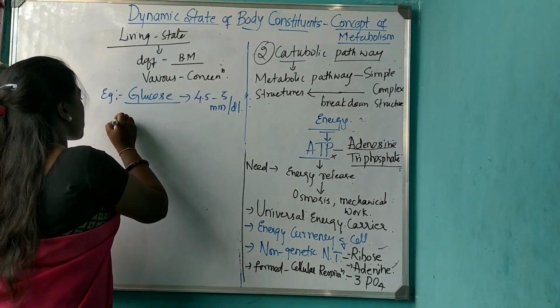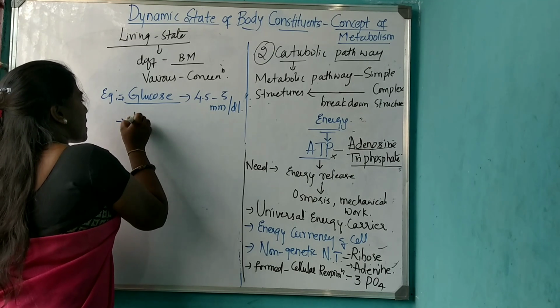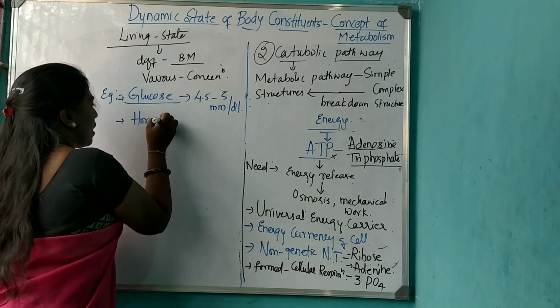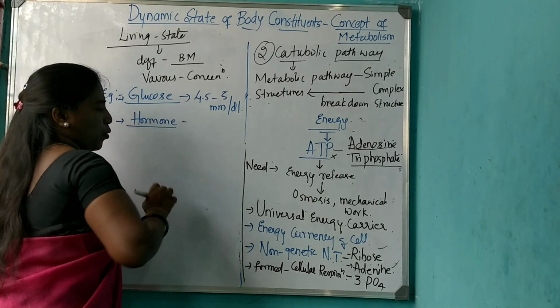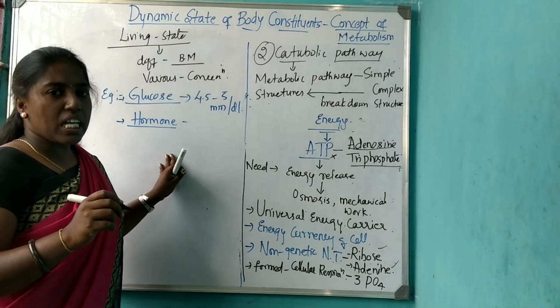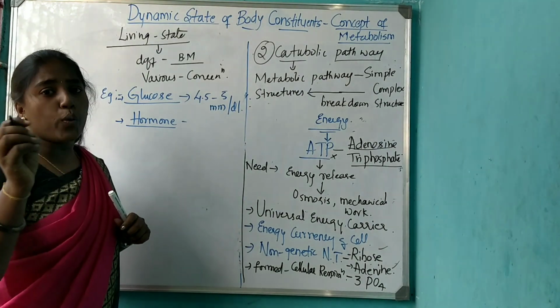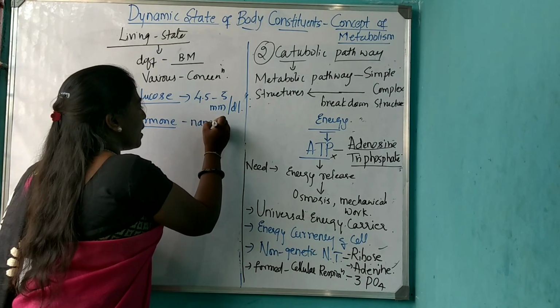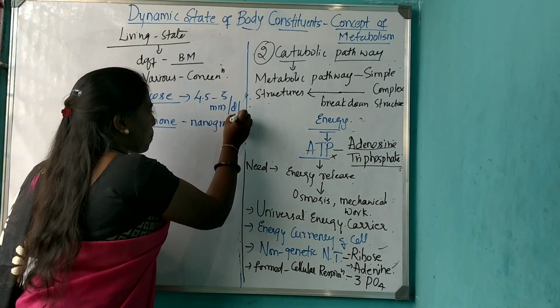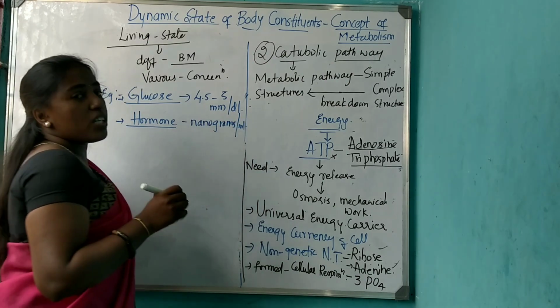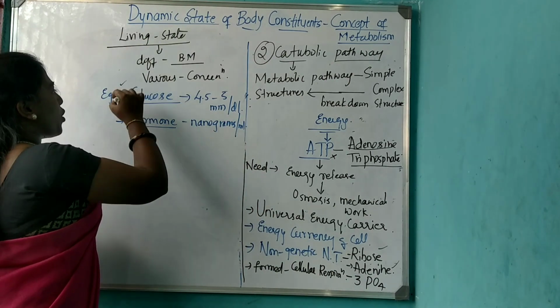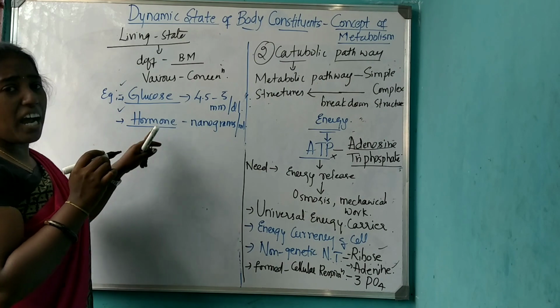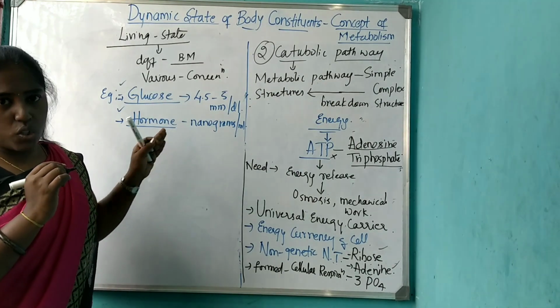The next example is hormones. Hormones are measured in nanograms per ml. Here you can see that each biomolecule ranges in various concentrations.